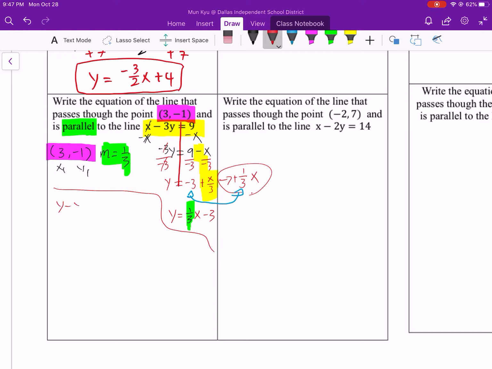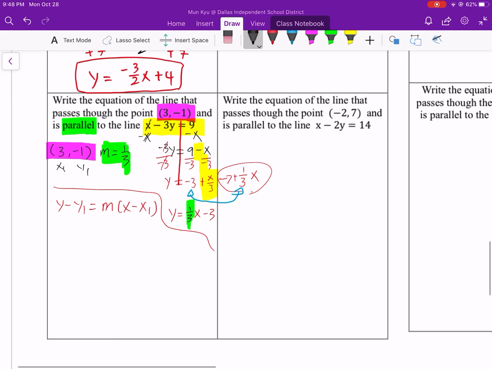Let's do this. y minus y1 is equal to slope times x minus x1. So y1 in this case is -1, and slope is 1/3. And x minus x1 is what? 3, right?